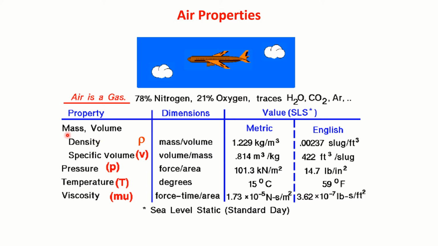Here it has a mass, it has a volume. Let us say, what is density? It's a property. Density is represented by rho, and its dimensions are mass by volume. In metric units, its value is 1.229 kg per meter cube.